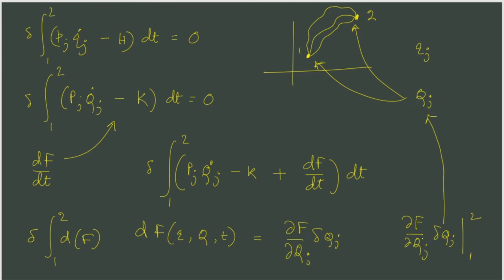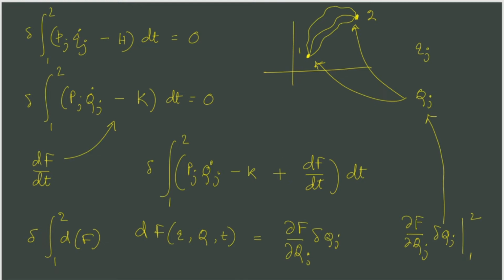Which means that if you have a function of small q, capital Q, and t, and you add it to the integrand, that leaves the integral essentially unchanged. Okay, that's very important. That means two integrals can differ by the total derivative of a function without any problem. That is possible.